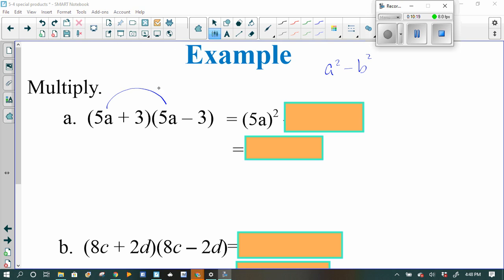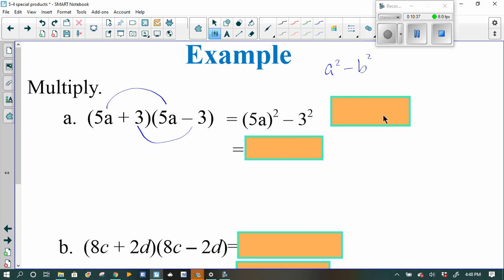Okay, so here we're going to use 5a times 5a, so we get the 5a squared. And then according to this formula right here, you just do minus and then b squared. So b squared would be 3 times 3, which would be 3 squared.